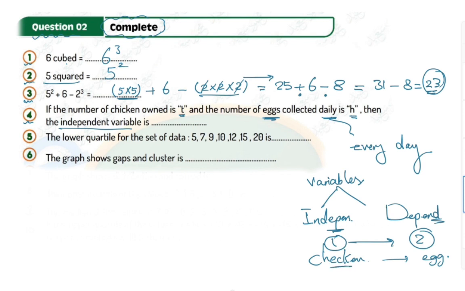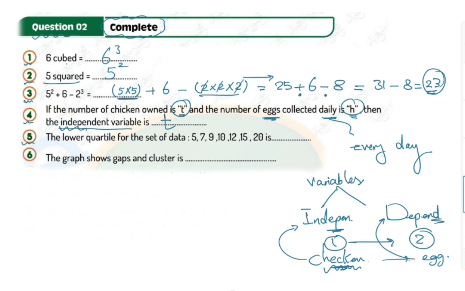So chicken represents the independent variable, and egg represents the dependent variable. He asked us about the independent. So the independent is the number of chickens, and that is T. So T is the independent variable.